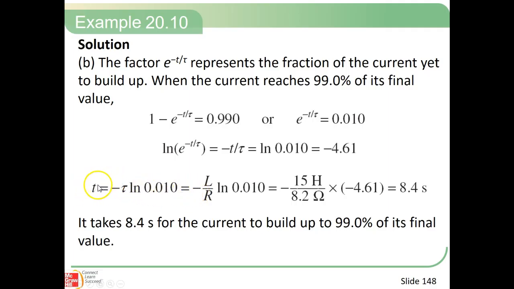So t is equal to negative tau times the natural log of 0.01. Tau is L over R, so we have negative 15 henries over 8.2 ohms times negative 4.61, and we end up with 8.4 seconds. It takes about 8.4 seconds for the current to build up to about 99% of its final value.